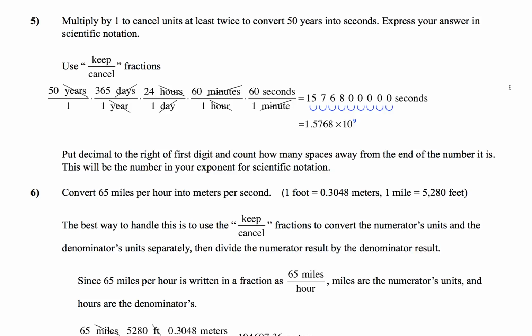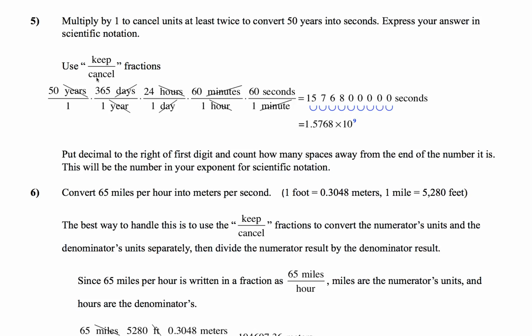Years are comprised of a lot of seconds, so you have to make several multiplications. And you'll want to make what I call keep-cancel fractions. Now, why do I call them that? Well, whatever units you're keeping go in the numerator, and whatever units you're canceling go in the denominator.